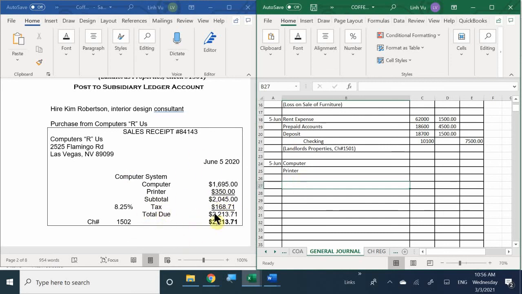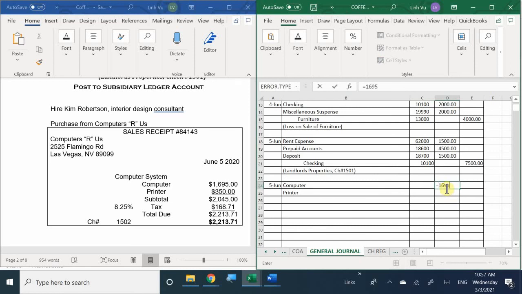So here the tax is going to be $168.71. Okay, so let's go ahead and go with this one. If the computer is going to be $16.95 and you're multiplying it by, if you want to include the price as well, you're going to multiply by 1.0825, right? And how much are we going to get for the total computer, just dividing the tax into it?